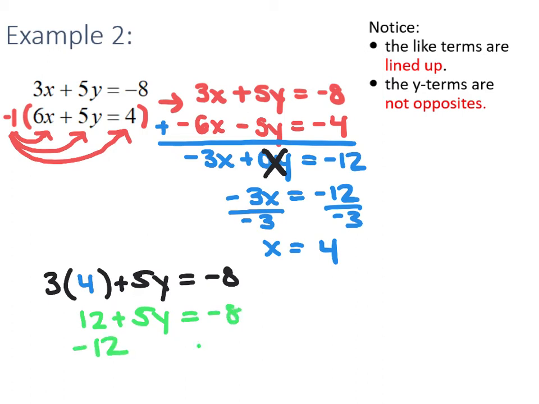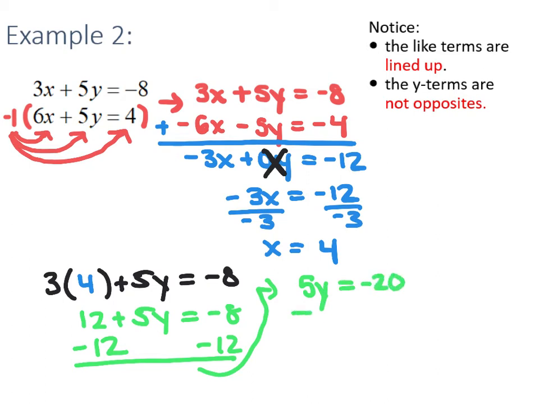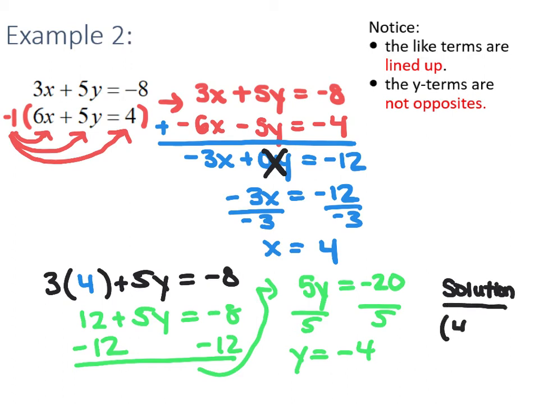Subtract 12 from both sides to get 5y equals -20, and divide both sides by 5 to get y equals negative 4. So the solution for this system is 4 comma negative 4.